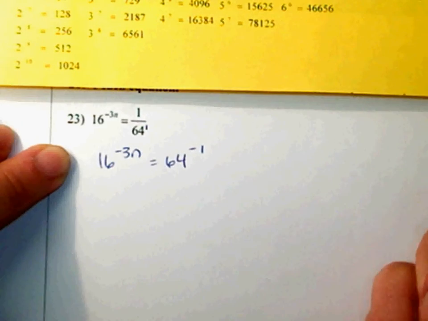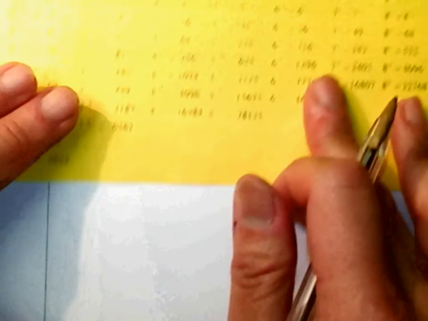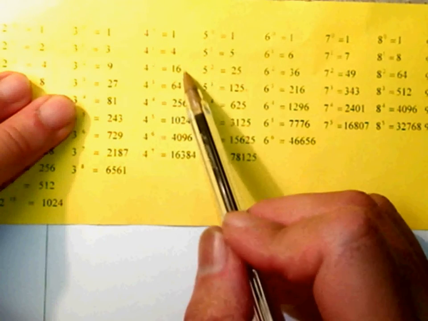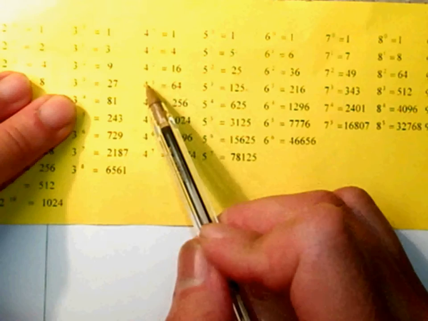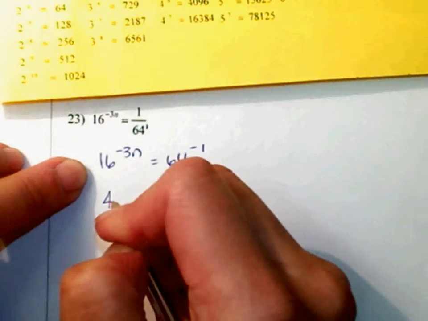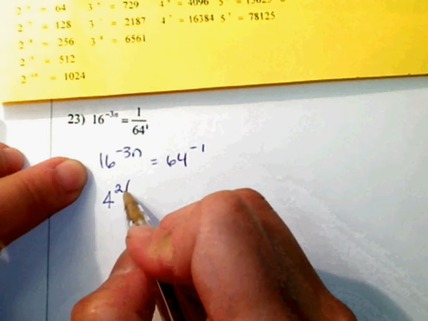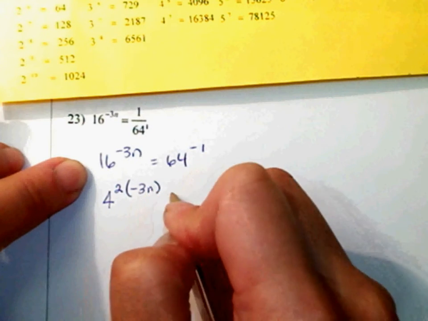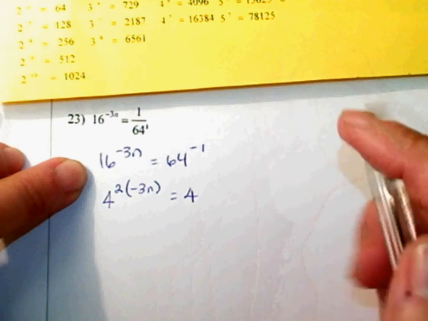Look on this sheet. Where do you see a 16 and a 64? Right here. 4 will be the same base. So I'm going to rewrite this one here as 4 to the second. 4 squared is the same thing as 16. Bring down your negative 3n. 4 to what power is 64? 4 to the third.